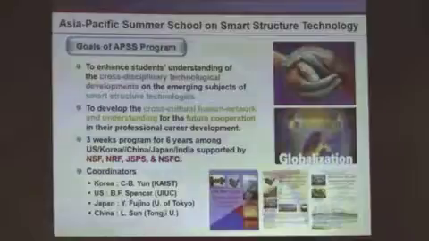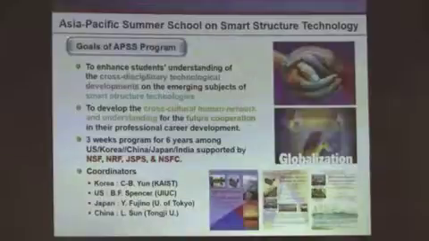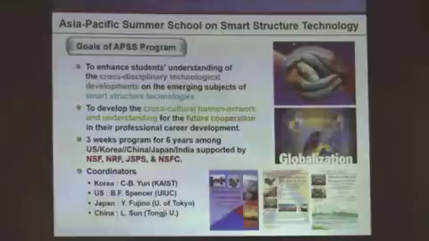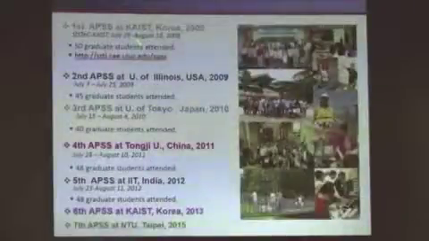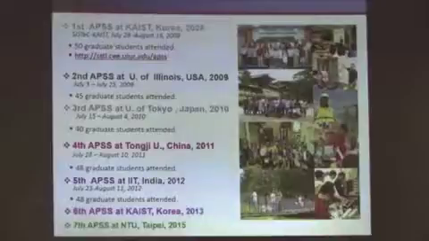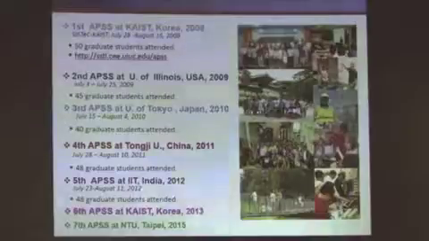And so, partnering with colleagues in Korea and Japan and China, as well as Taiwan and India, we've developed the Asia Pacific Summer School on Smart Structures Technology, and it's a 3-week program that's supported by the National Science Foundation in the U.S. And we've had these programs starting in 2008 at KAIST, and then moving on to Illinois, Tokyo, Tongji University, Bangalore, back to KAIST, and next year it's going to be at NTU, National Taiwan University.